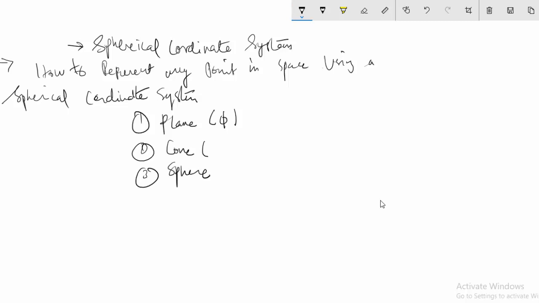The cone will have an angle theta, and the sphere will be a point extending with a radius r. So this is how you will represent any point in space using the spherical coordinate system.